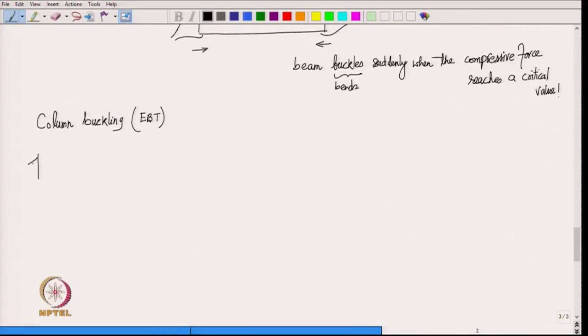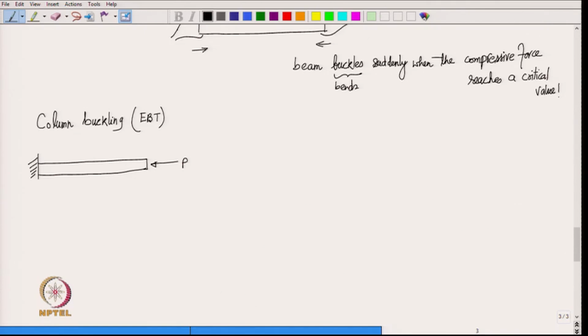Okay. So, column buckling means you have a column which implies it is clamped at one end, but at the other end you are applying a force, compressive force P, and as you increase this compressive force P, initially the beam is simply going to compress.